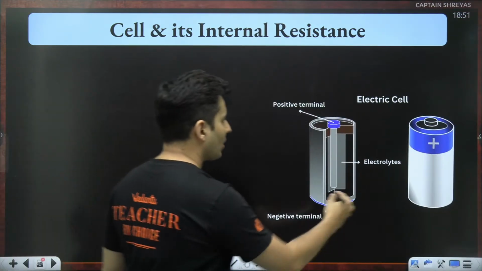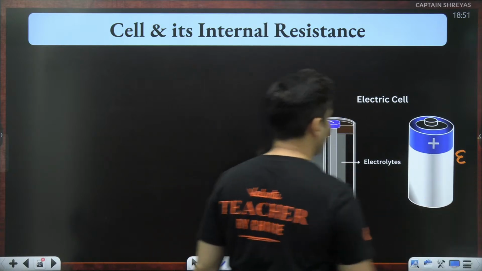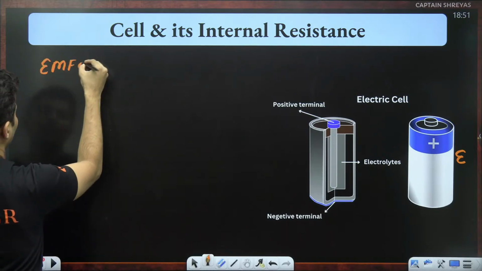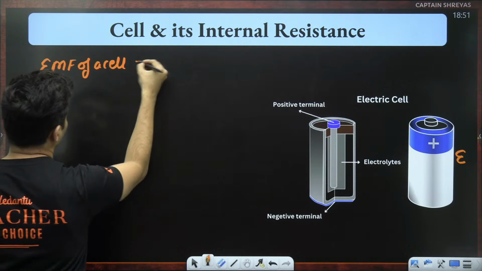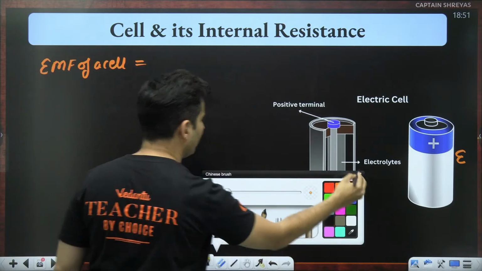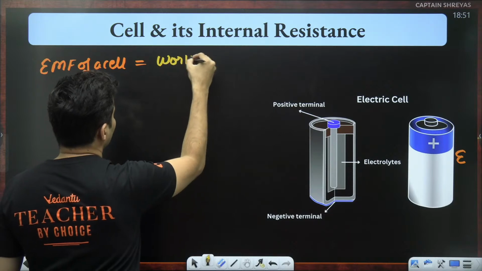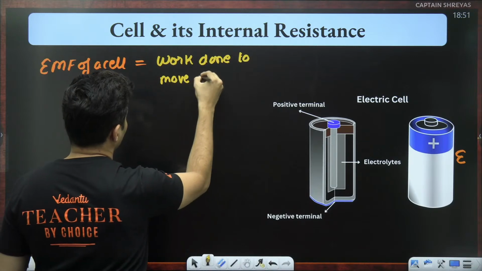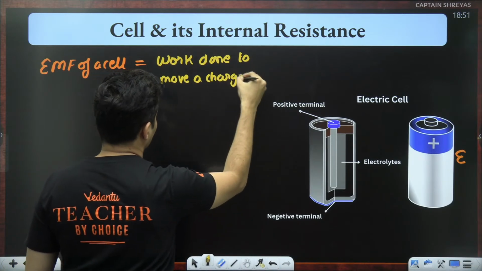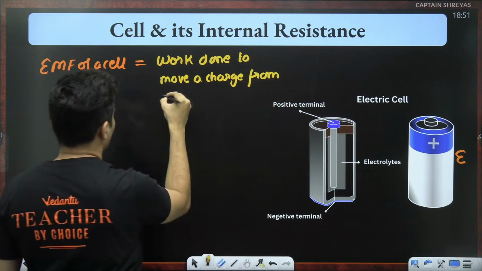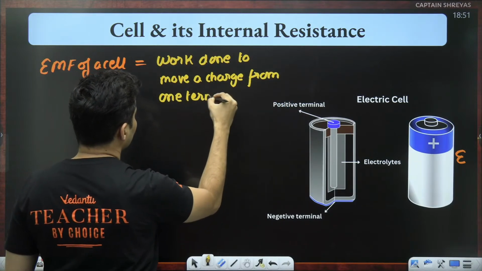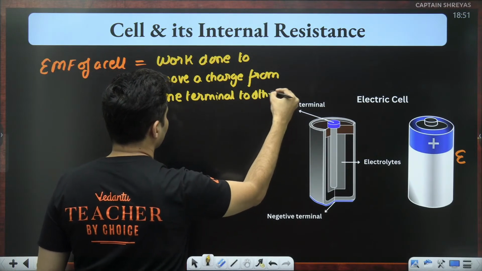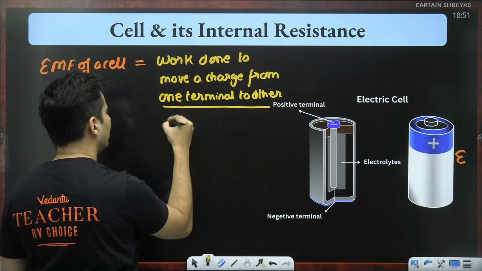This EMF of any cell is nothing but defined as, observe this carefully, the work done to move a charge from one terminal to the other, per unit charge.